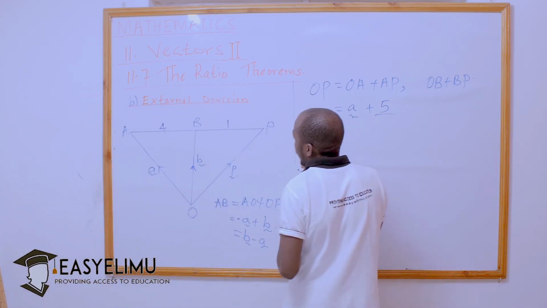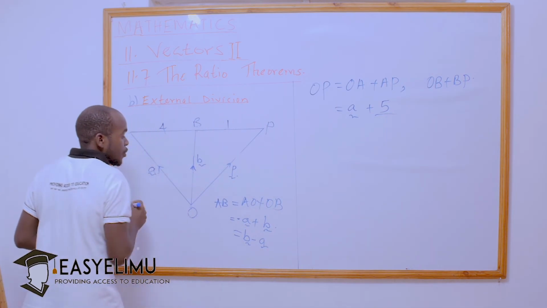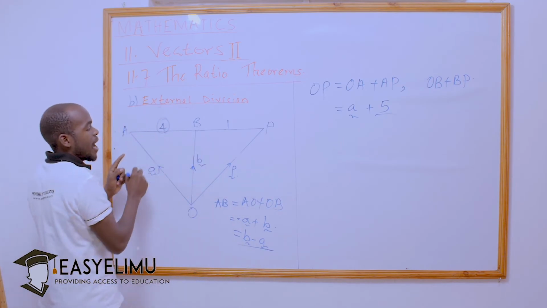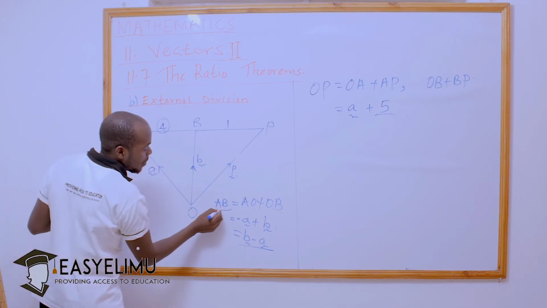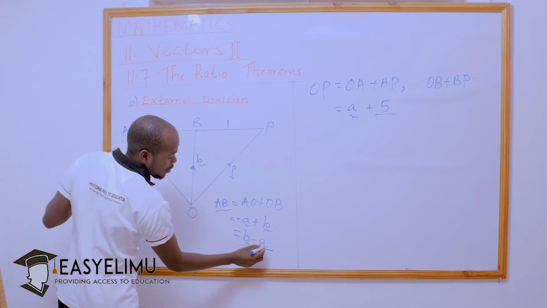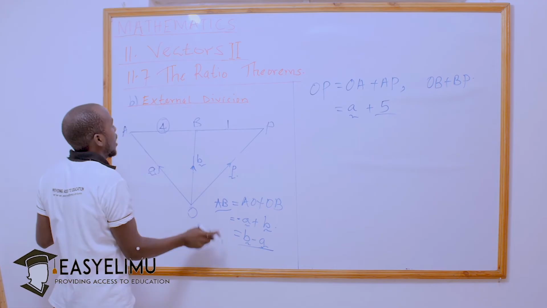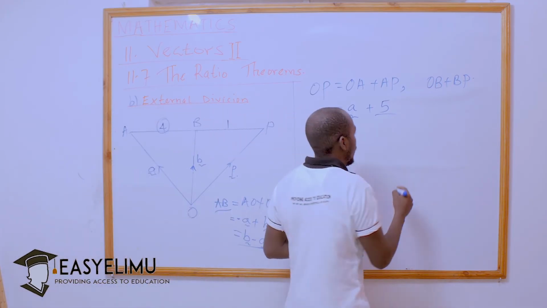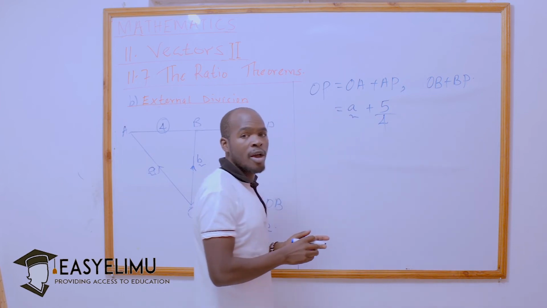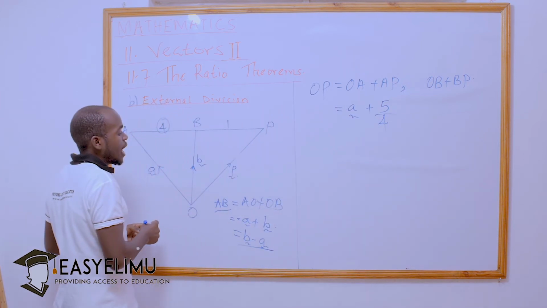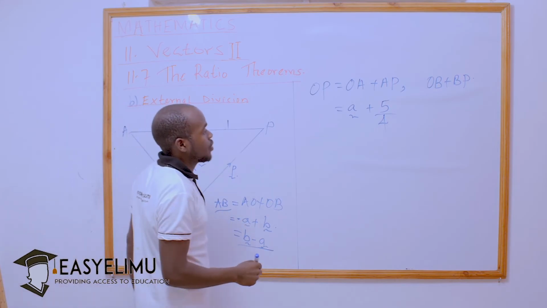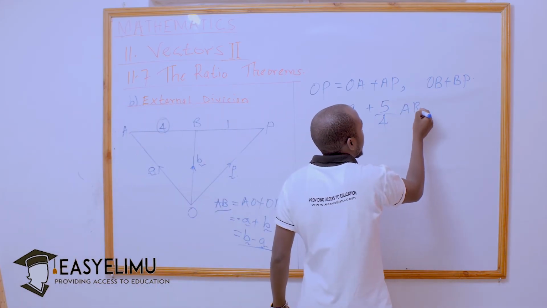But the vector we have, which is B minus A, is represented by 4, because this AB is what we have as B minus A, and that one is of ratio 4. So it is 5 over 4, and then we multiply by this 5 over 4 of AB.